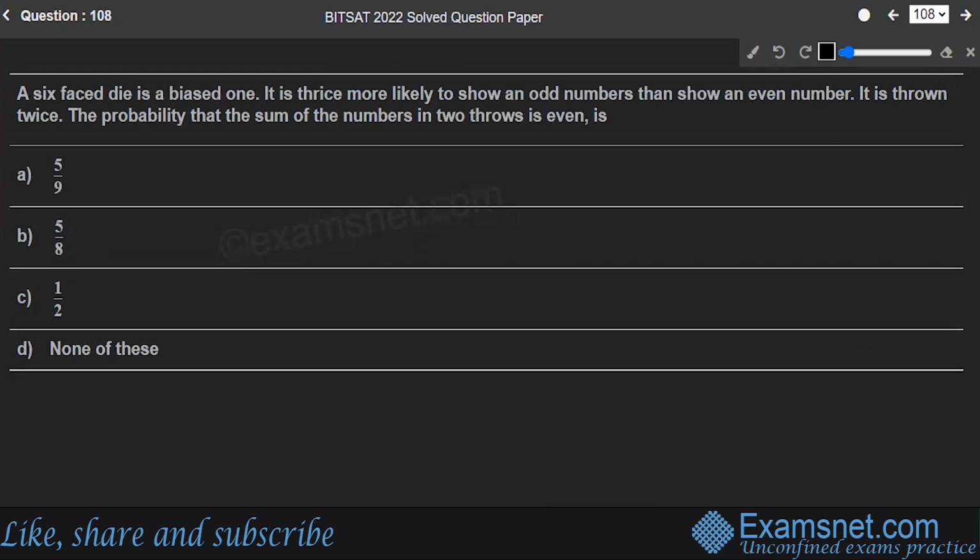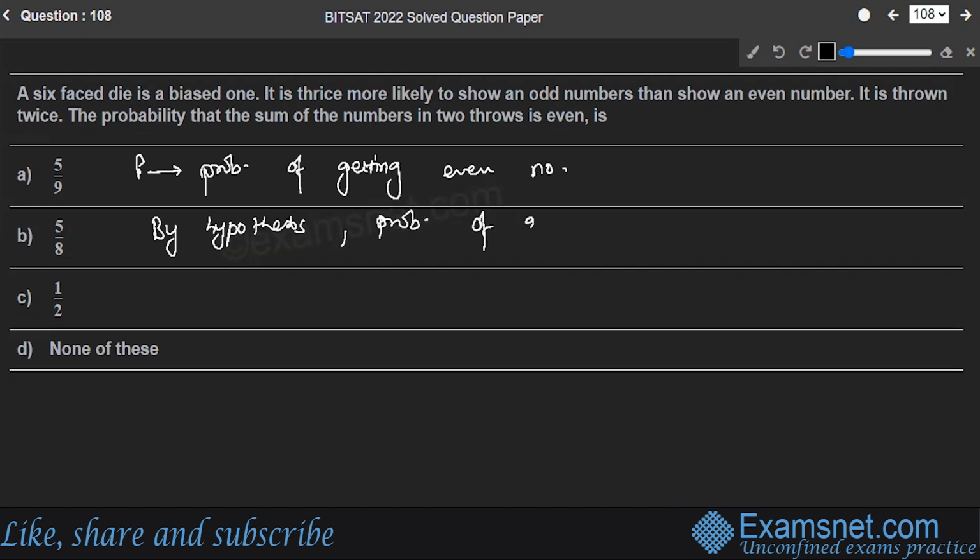First of all, let p be the probability of getting an even number. Then by hypothesis, the probability of getting an odd number is equal to 3p.